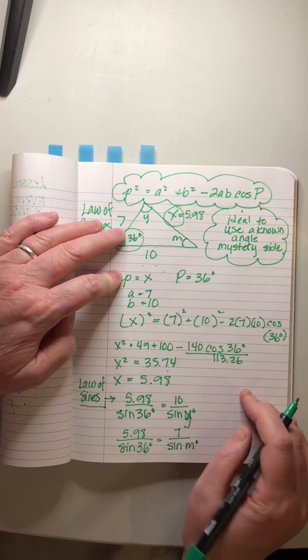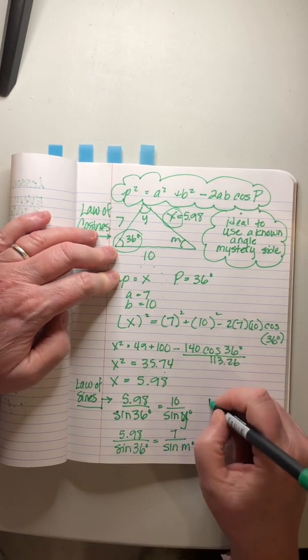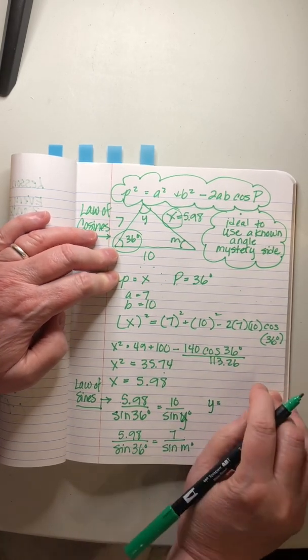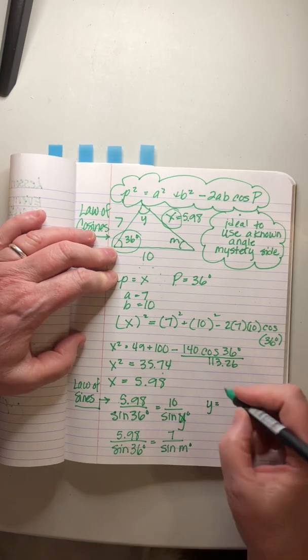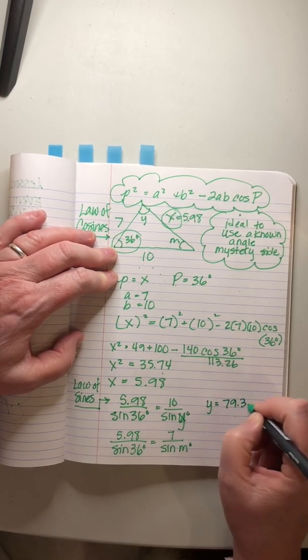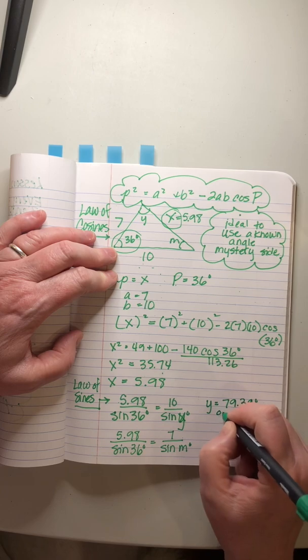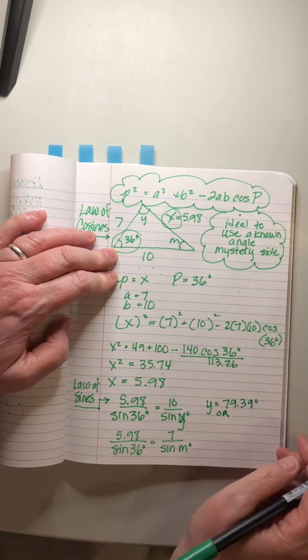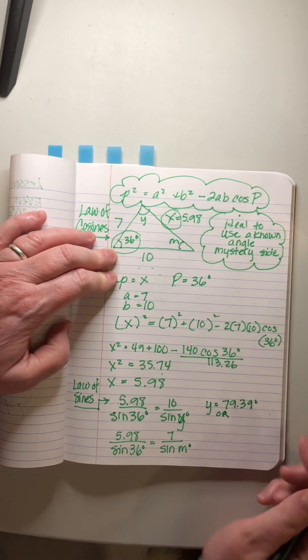And when we do the calculations, we find out that y equals either 79.39 degrees, or we've got that ambiguous result thing, right? Or 100.61.